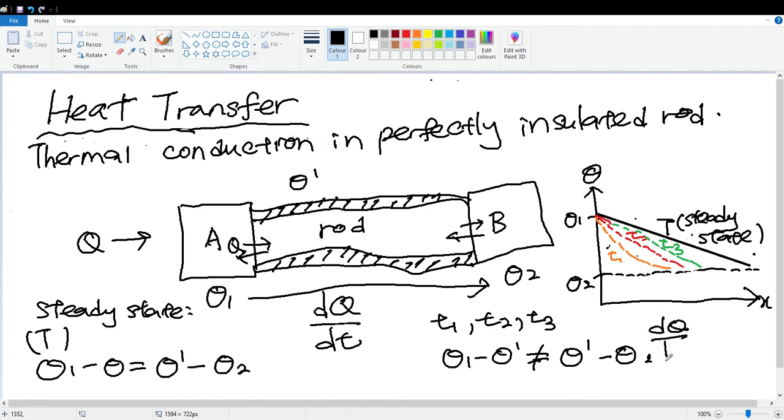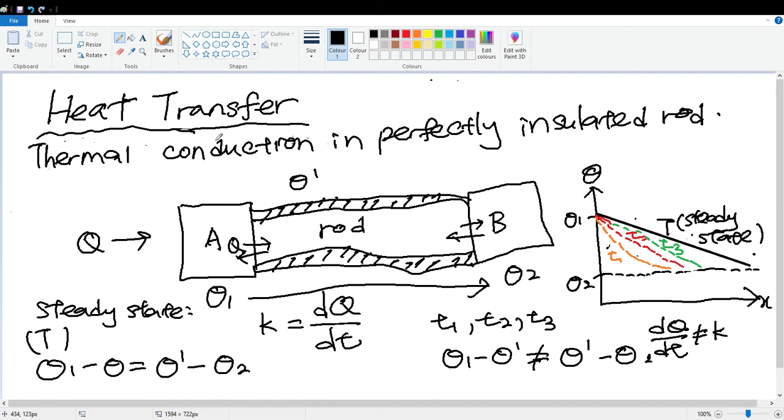And the rate of heat flow for T1, T2 and T3 is actually not constant. As for the steady state, the rate of heat flow at every point is actually constant.